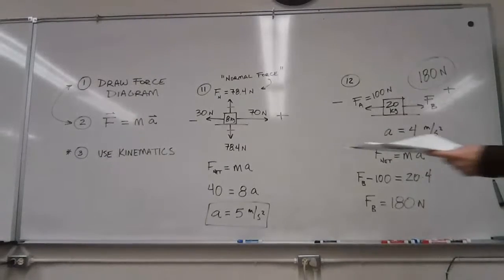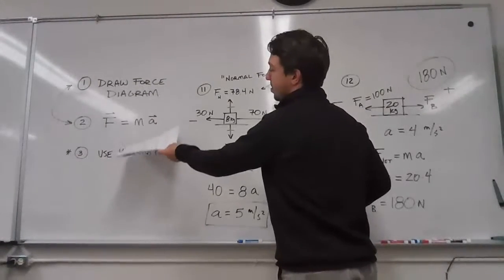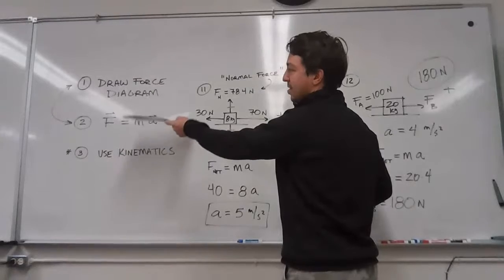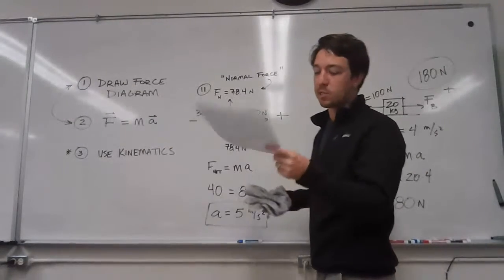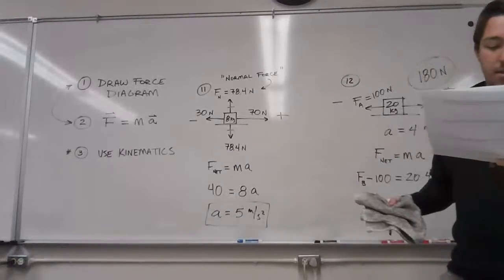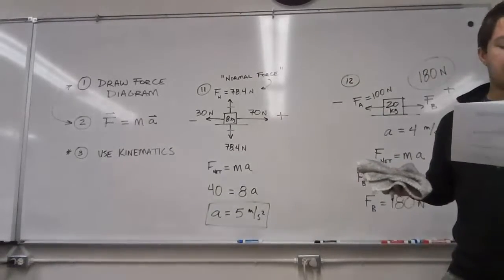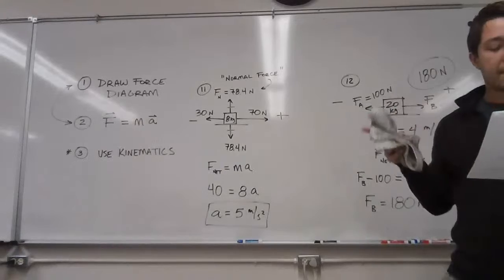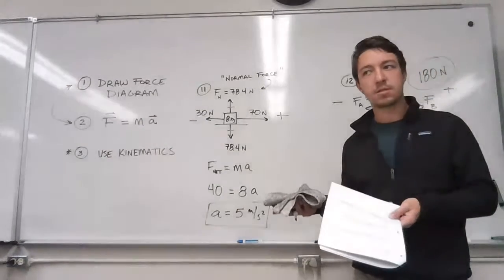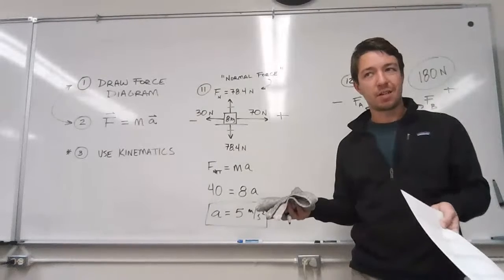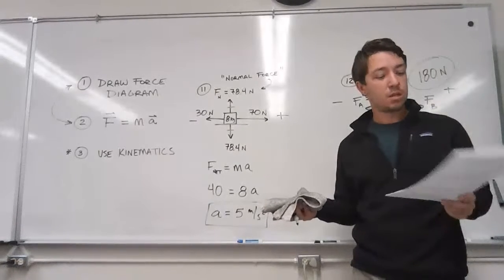I don't like writing this as a numbered list so much. It's more like maybe a triangle, because they can happen in any order. Like on this problem, I'm thinking, this block goes from rest up to 8 meters per second in 2 seconds. So what does that tell us? This is acceleration. Well, the acceleration is 4.